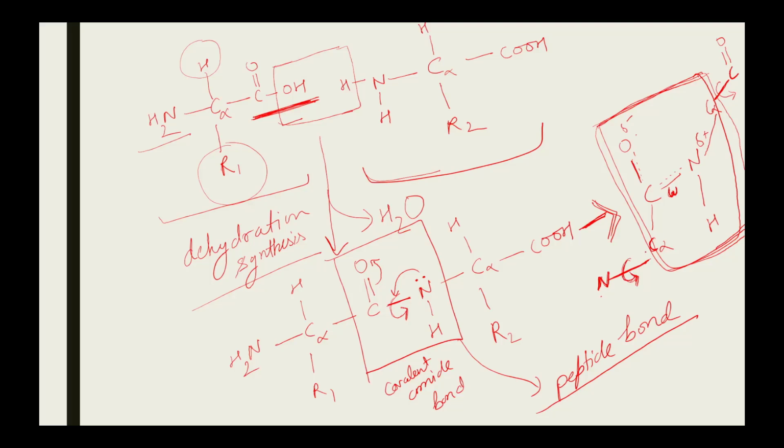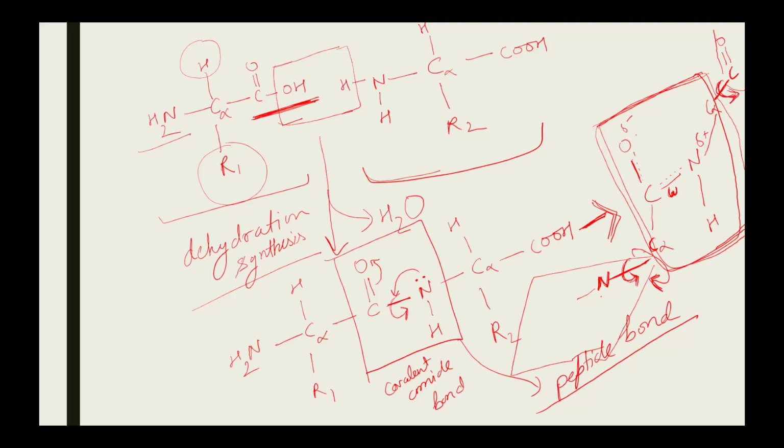As it is joined with another moiety, this also forms another plane. So these two planes can rotate, but all the 6 atoms try to remain in one single plane.